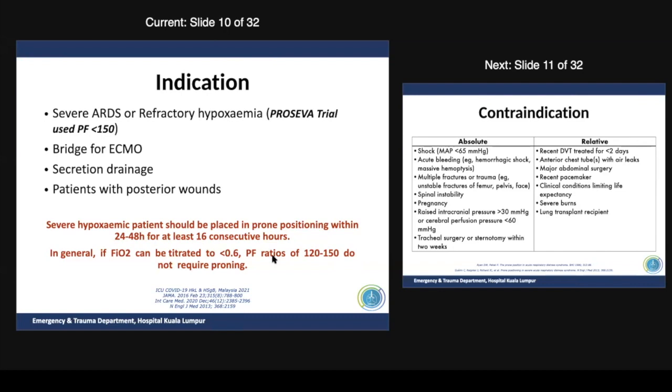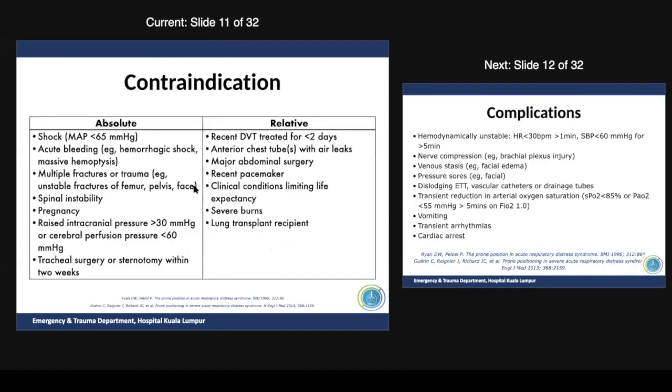Okay, so kalau patient tu contohnya dengan FiO2 0.5, tapi PF ratio dia 150, so in this kind of population, kita maybe will omit the prone ventilation. Okay, so next one, contraindication. Okay. Majority of the contraindication yang kita perlu ingat ialah absolute, because most of the relative ni jarang ada kat emergency kita lah.